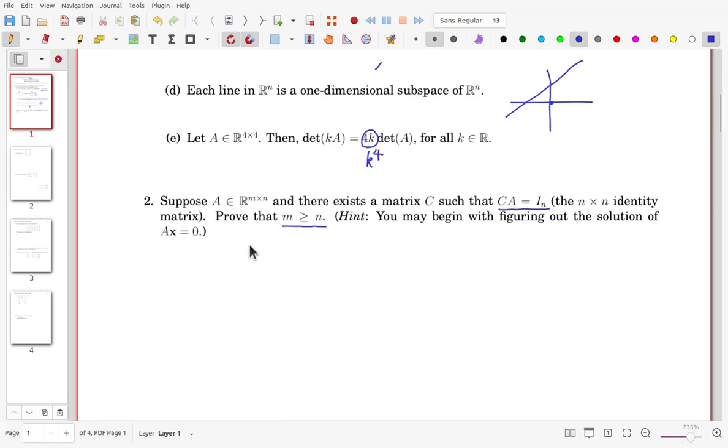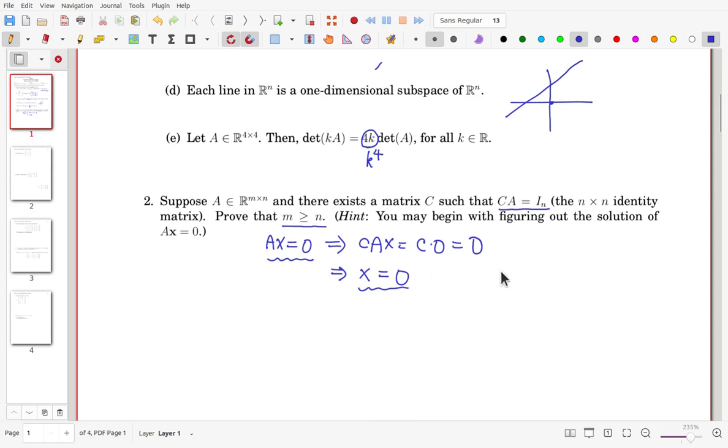Now we start with Ax equals 0, the homogeneous system, and from here we multiply by C: CAx equals C times 0, so that it must be 0. But CA is identity, so we can get here x equal 0. That means the homogeneous system has only the trivial solution.